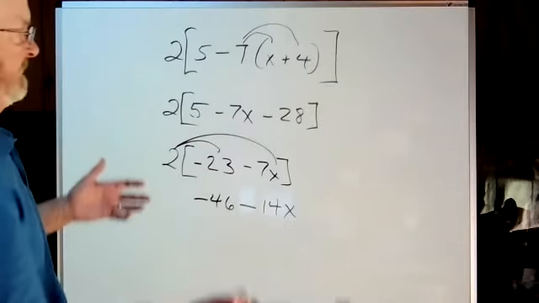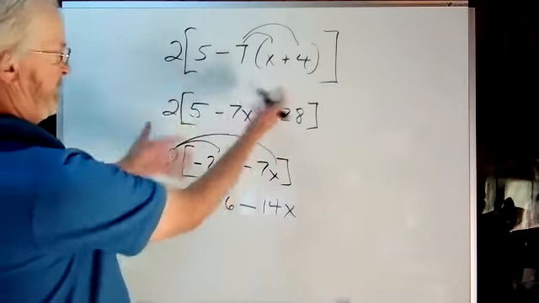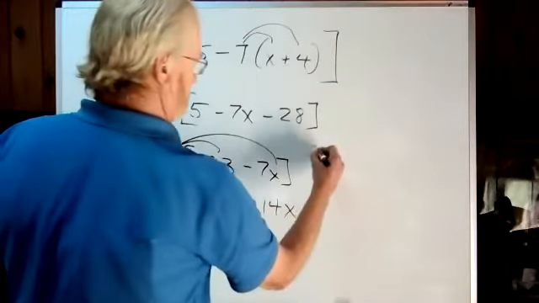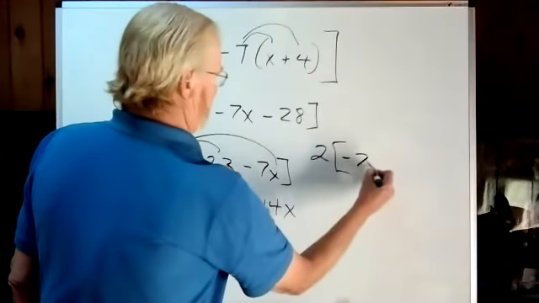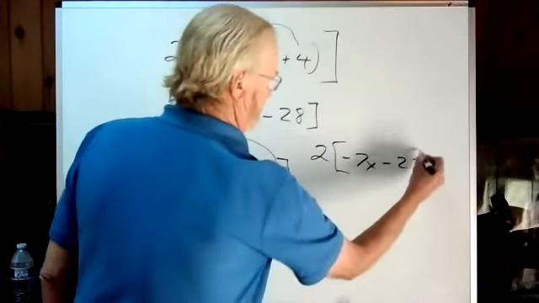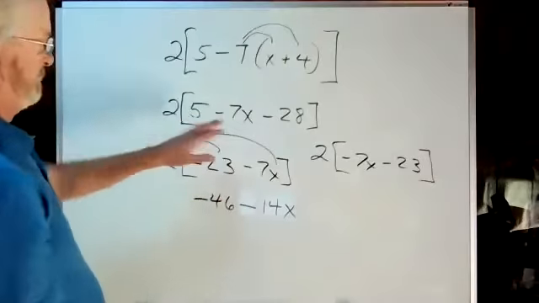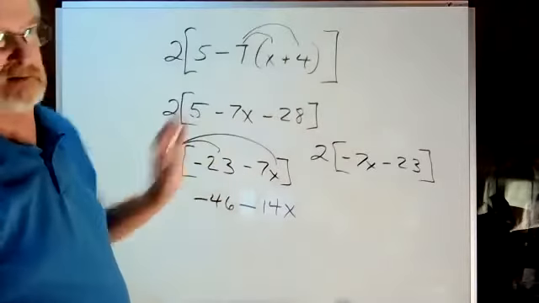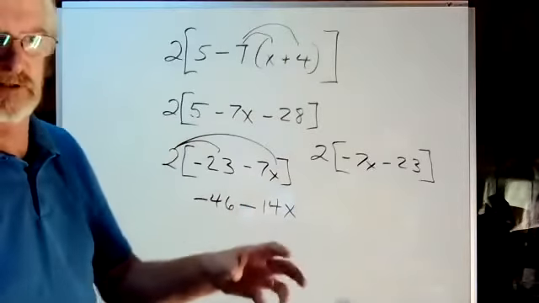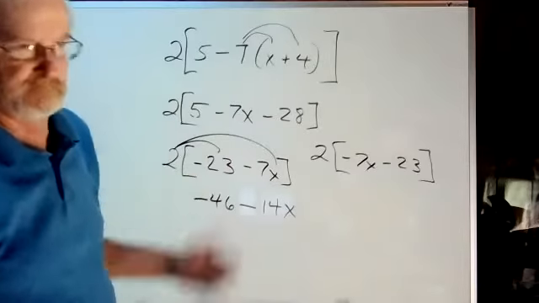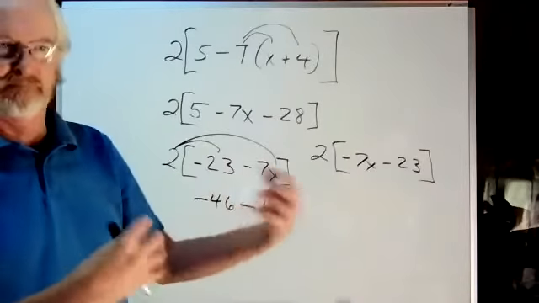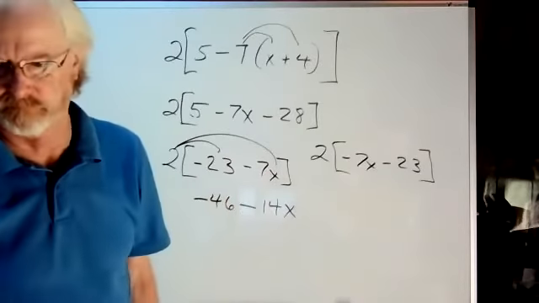Maybe just notice if at this step I had decided to write that as negative 7x minus 23, putting the x first and then the constants, it's just commutative. It doesn't matter. These 2 would have been switched. Still the same values in the expression.